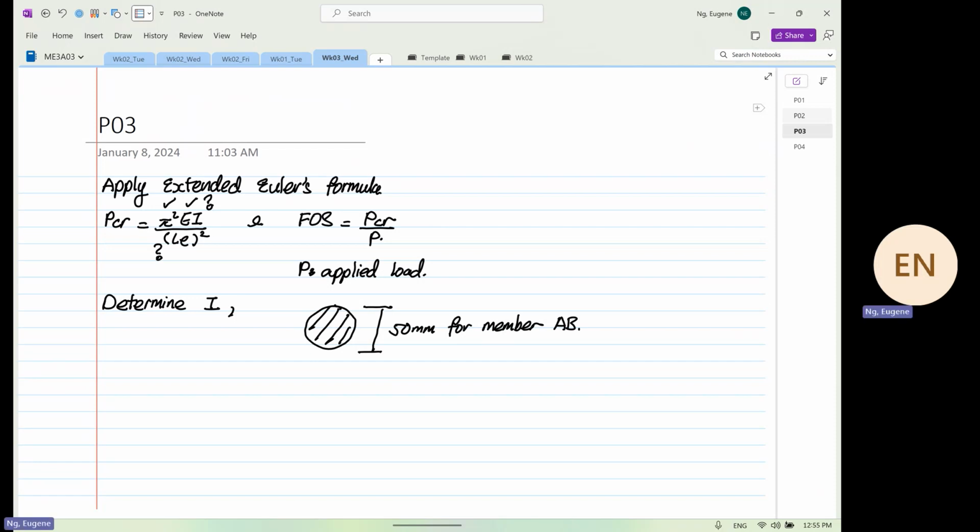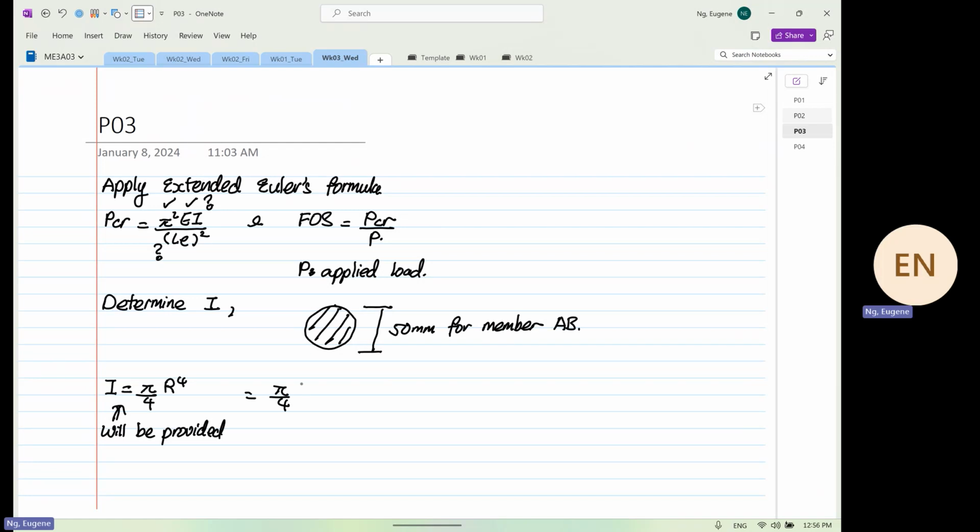So the formula for the second moment of area I is equal to pi over 4 multiplied by R to the power of 4. This formula will be provided. Don't expect you to memorize.